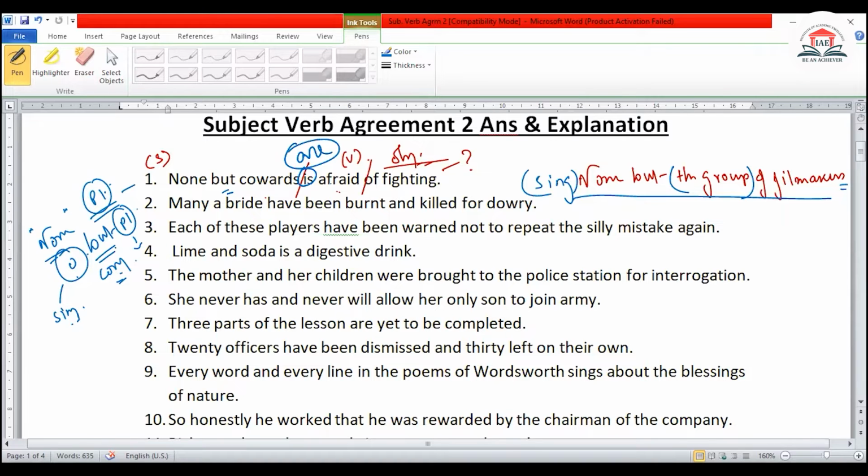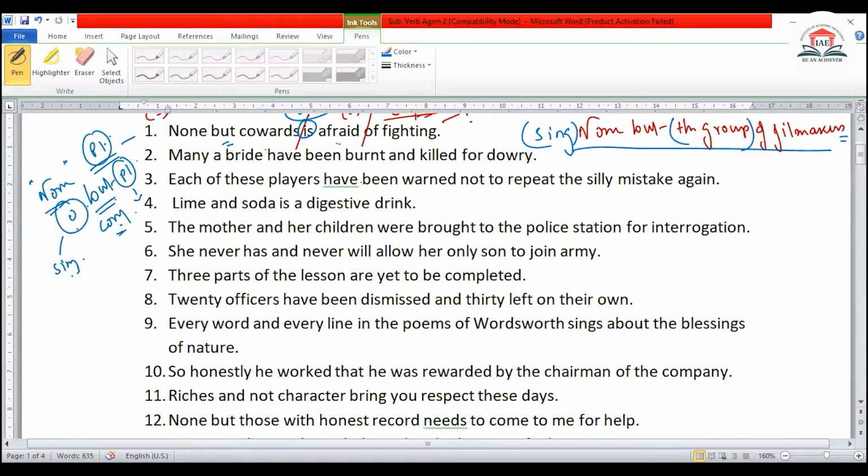Now come to the sentence, many a bride have been burnt and killed for dowry. So, a very, very important one. We should make it out.